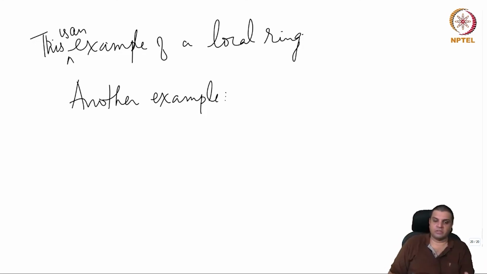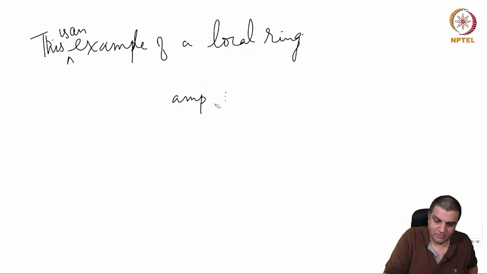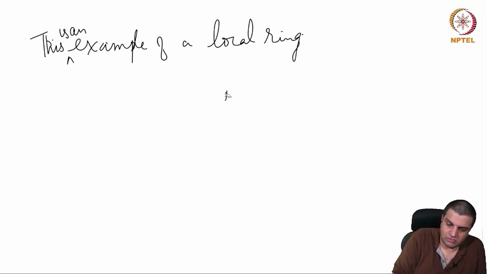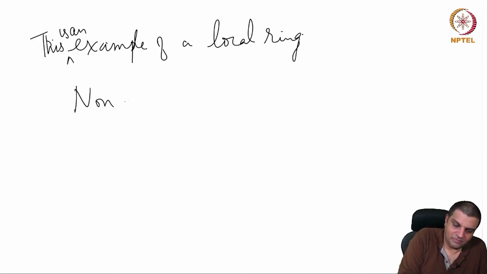First of all, notice that polynomial rings are rare. If there's at least one variable, it is not going to be a local ring, because you could take an irreducible polynomial. Let me just say a non-example.